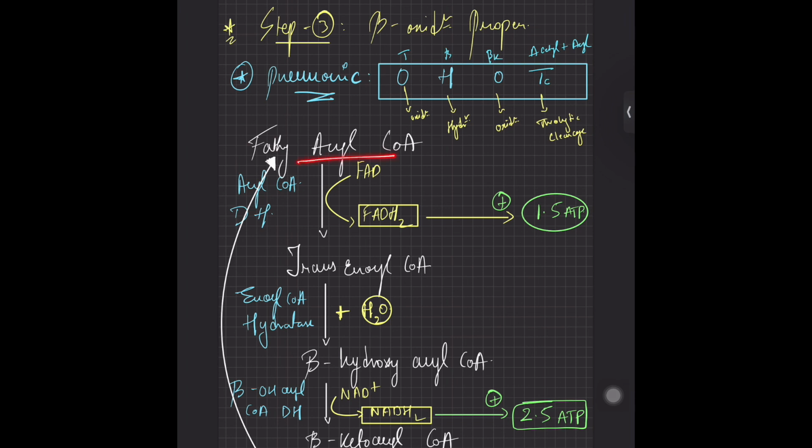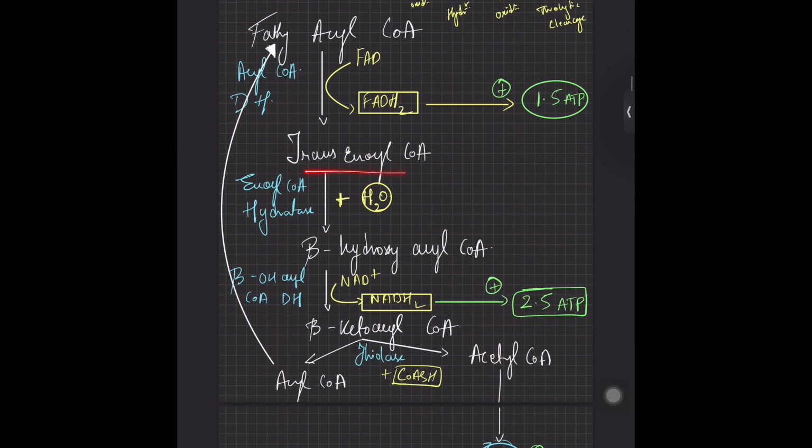Fatty acyl CoA gets converted into trans-enoyl CoA in the presence of acyl CoA dehydrogenase. It is an oxidation process wherein the hydrogen ions will be added to FAD, and then FADH2 will be produced, which upon entering the ETC yields 1.5 ATP.